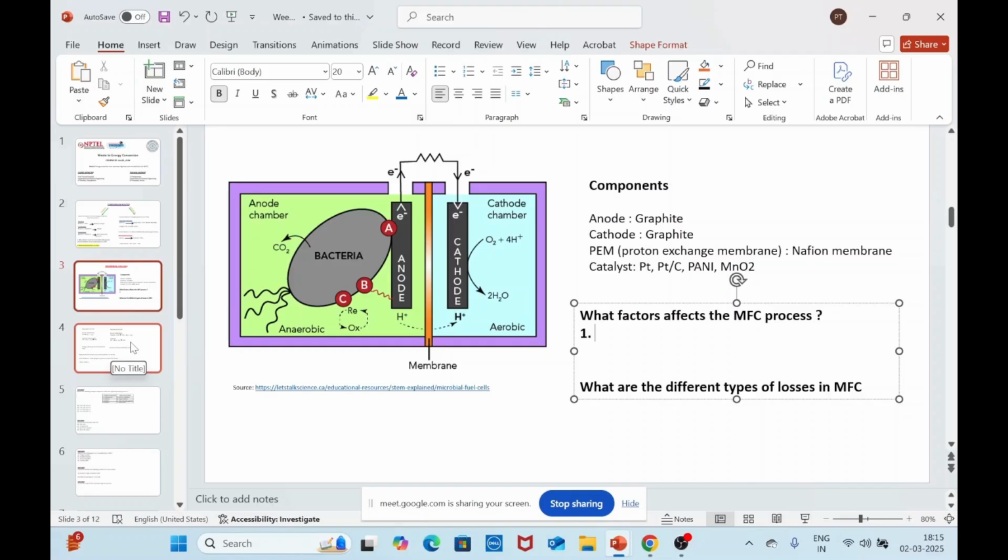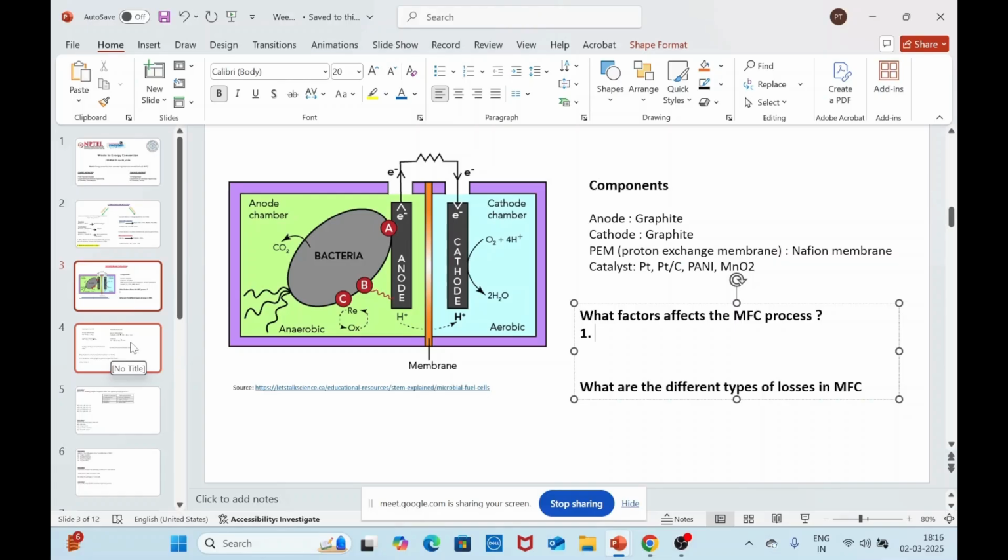Yeah, in many places it's still going on because they want to use this organic matter as a way to convert to energy. NIT Trichy does work on microbial fuel cells. If I am correct, even the Central Electrochemical Research Institute of the CSIR branch also works on microbial fuel cells.